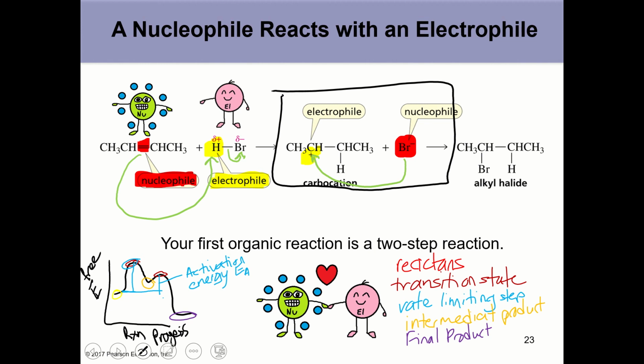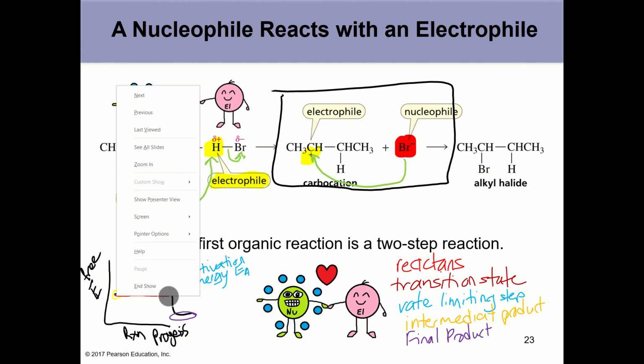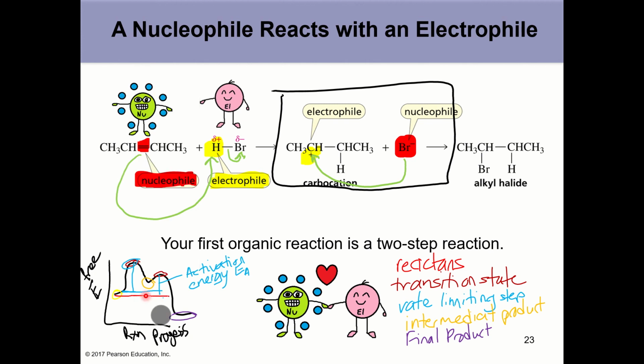And then you need to be able to tell me what is the overall energy, delta G, of the reaction. And that is the difference between the 2 red lines. That value is delta G. And also, is it exothermic or endothermic?